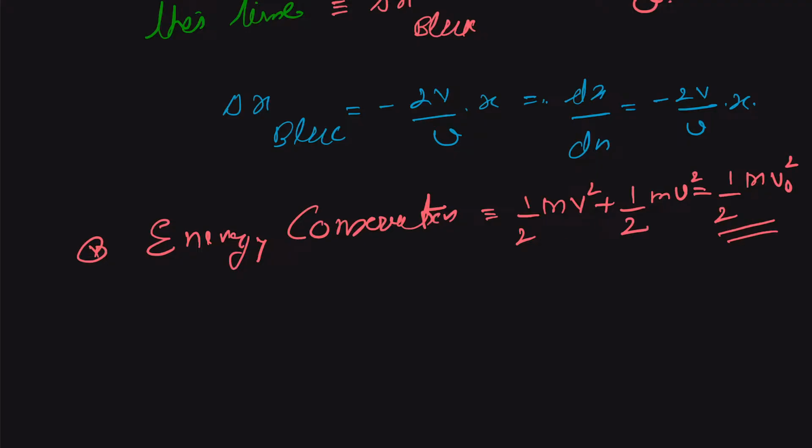The right side is the initial energy because only the block is moving, and on the left side we have two velocities, the velocity of the block as well as the velocity of the ball.